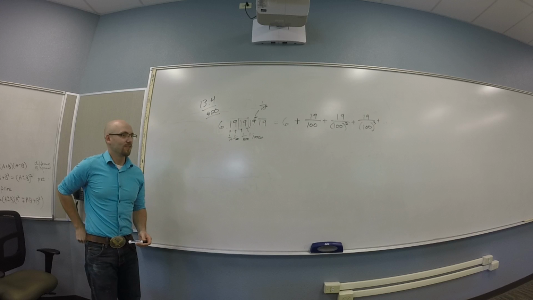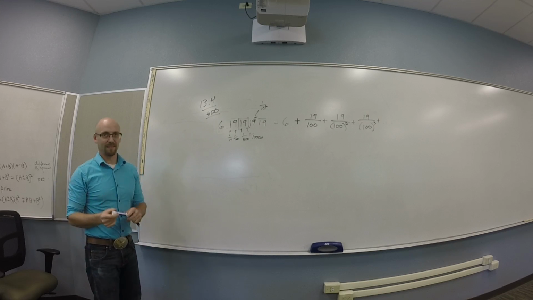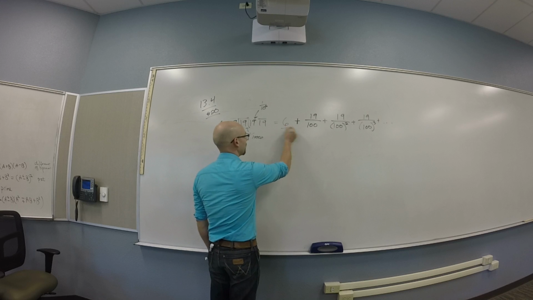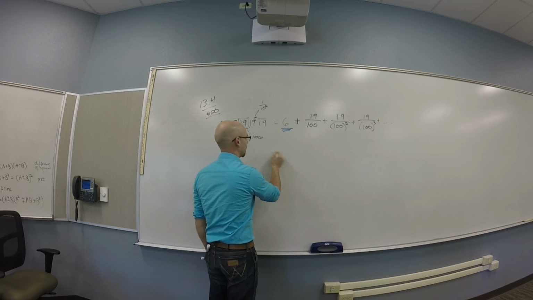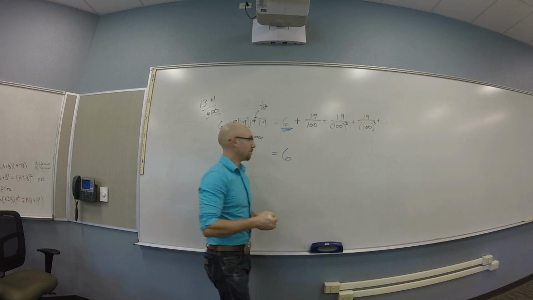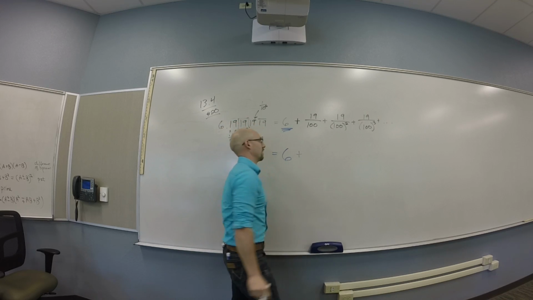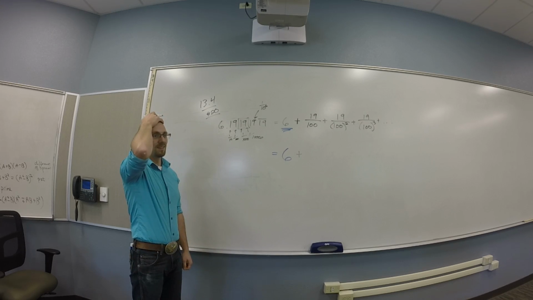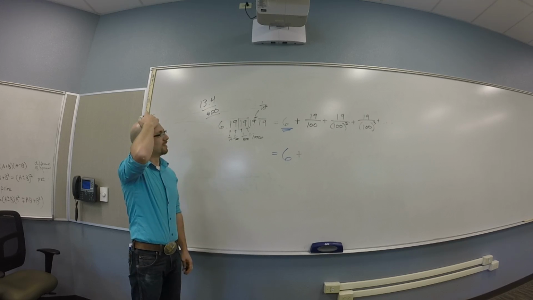And so then I think you should split this into 2 pieces. So I'm going to split this into the 6, right? So there's a 6. And then I need to write that thing as a geometric series, right? Okay. So what have I got there?